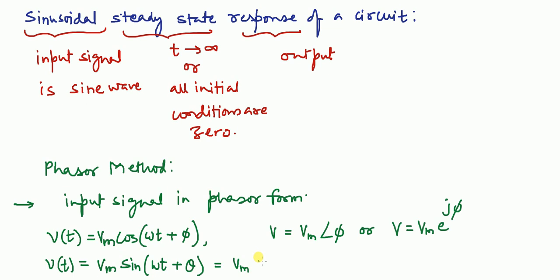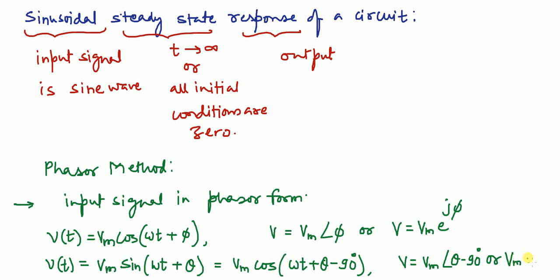So this is Vm cos(omega t plus theta minus 90 degree), which is Vm sine(omega t plus theta). Now in Phasor form, voltage is Vm at an angle theta minus 90 degree, or we can write Vm e to the power j(theta minus 90 degree). So that's how we write input signal in Phasor form.